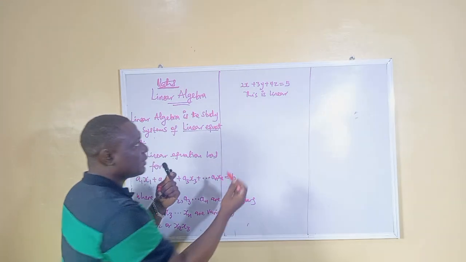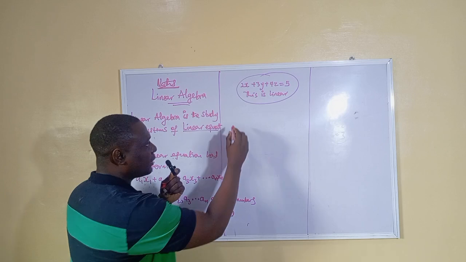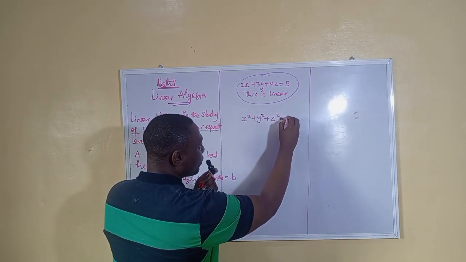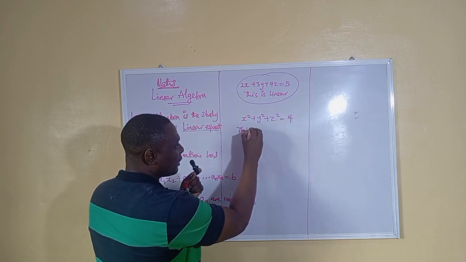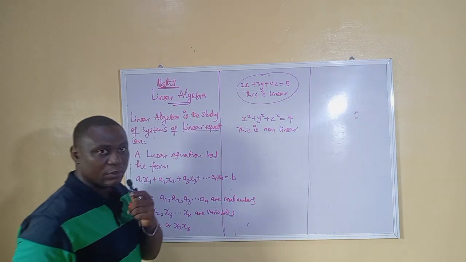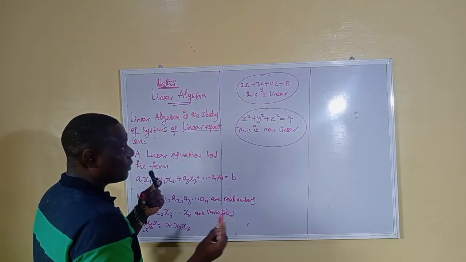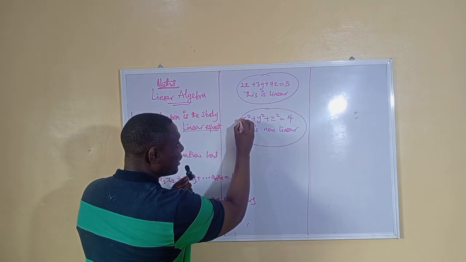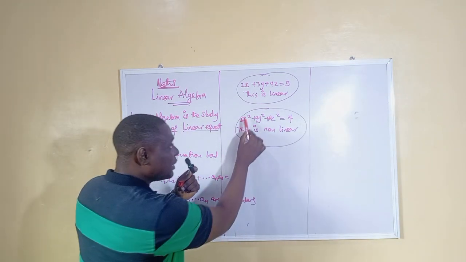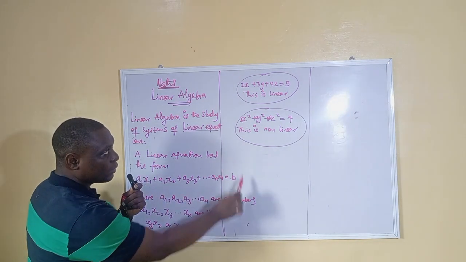But if I write something like x squared plus y squared plus z squared equals 4, this is non-linear, because it does not take the form. Even if we put coefficients in front, let's say 2, 4, 6, it's still not linear, because of these powers here. It is not conforming with this standard.